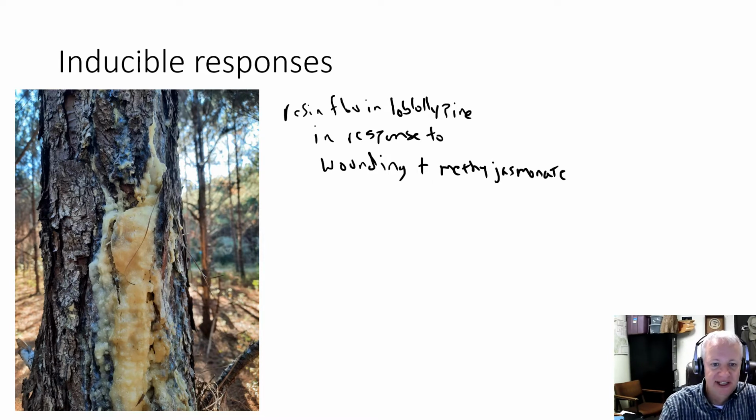With just the wounding, you would still see some resin exudation, but it wouldn't be as extreme as in response to this artificial wound hormone.